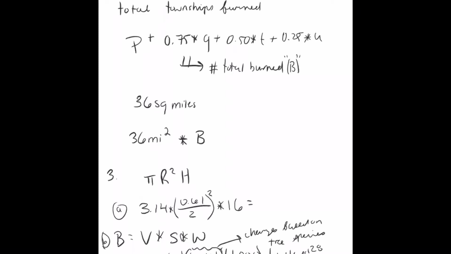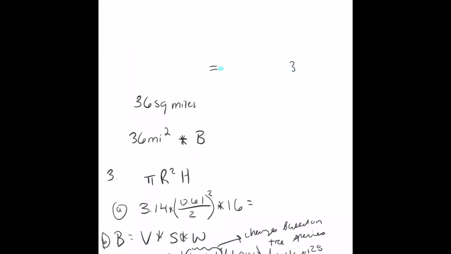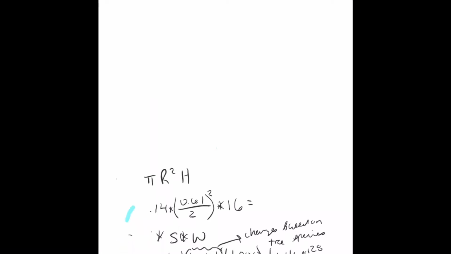And then for 3D, let me go ahead and clear this out. Cool. So for 3D, we have to take the total weight in kilograms of all eligible pines that burned in the fire, or we have to calculate that rather. So we are told there's 100 trees per hectare, right?